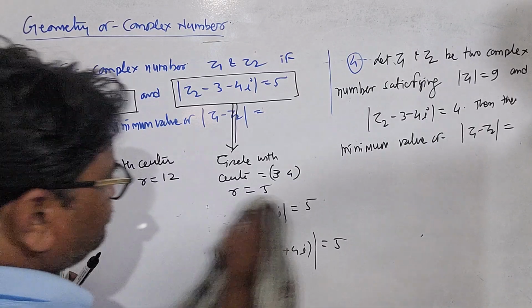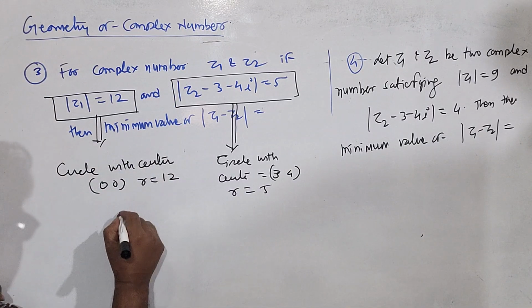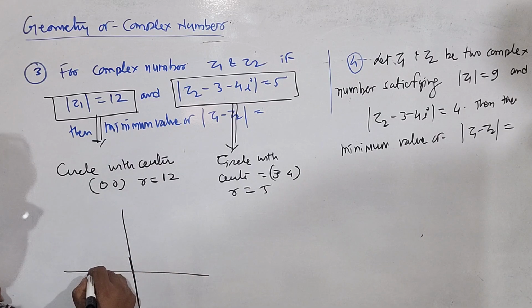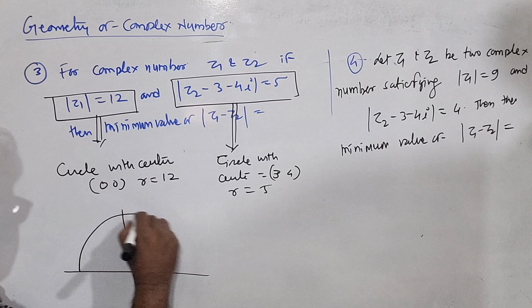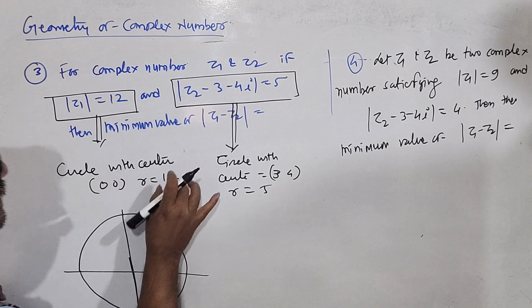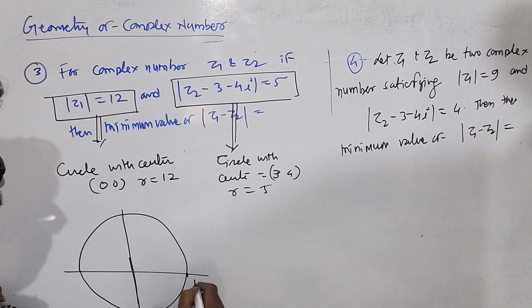So let's draw both the circles. This is simply the circle with center at 0 comma 0 and radius 12. When the radius is bigger, let's draw this circle first, so this is 12 comma 0 like that.